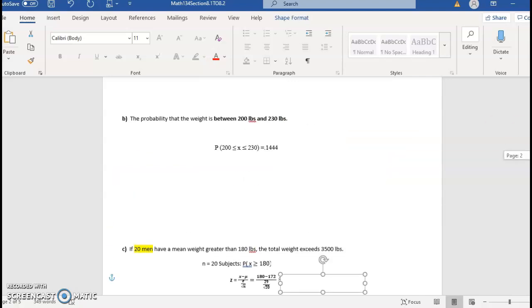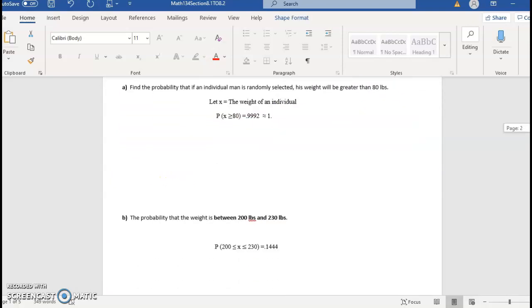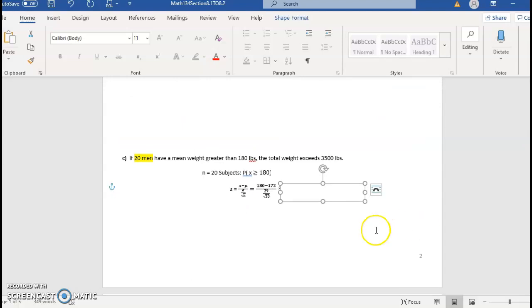Once again, those values are from the actual parameters of the distribution. And to change to a z-score, you're dividing by 29, which is the standard deviation, divided by the square root of n, which in this case is 20. Please take a second and see if you're matching approximately 1.23, which is your actual z-score.